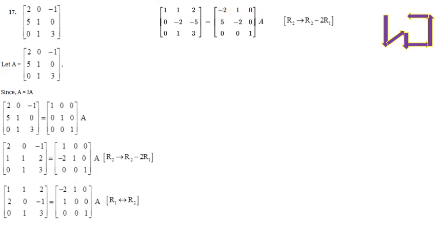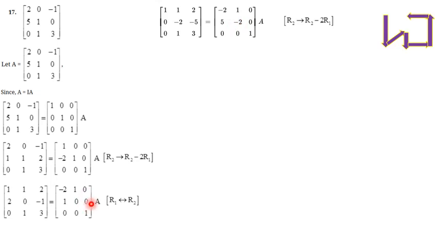Next when you check, R2 changes to R2 minus 2R1. That is in R2, the first element is 1 minus 2 into minus 2, that is 1 plus 4, that becomes 5. Next 0 minus 2 into 1 is minus 2.